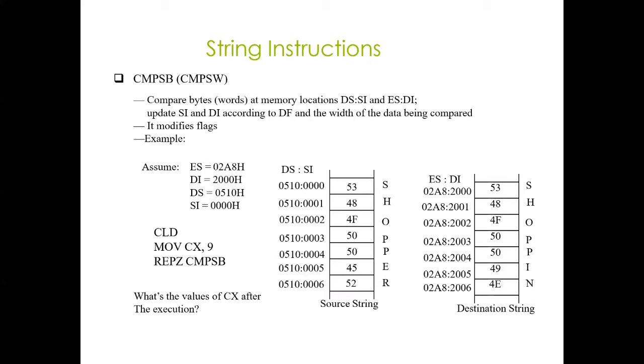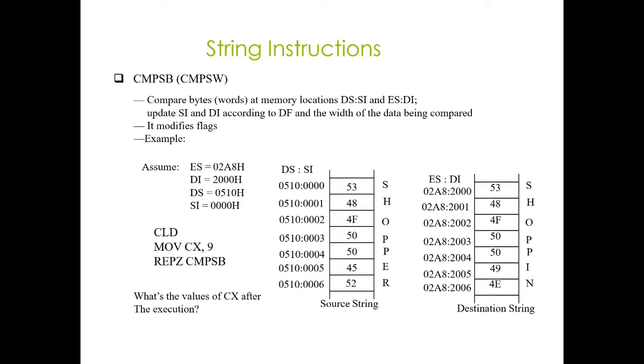The result is not stored. Both operands remain unaffected. SI and DI registers are automatically incremented or decremented to point to the next elements in the two strings after the execution of the instruction, if the DF flag is 0 or 1.